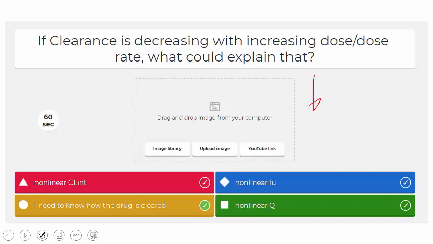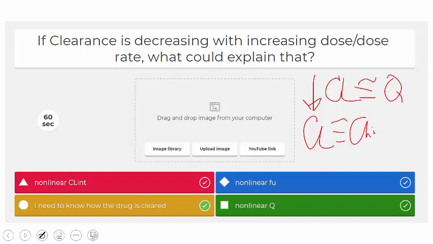So what causes a decrease in clearance with increasing dose rate? Well, clearance is determined by several different ways. If it's hepatic, it can either be due to blood flow or due to intrinsic clearance and binding. Blood flow will never have a concentration component to it, so that's certainly not going to be the explanation.